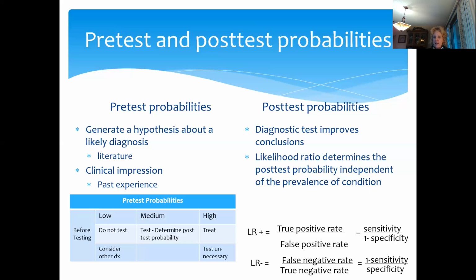So the diagnostic tests improve the conclusions, and that's your post-test probabilities. And that's where your likelihood ratio comes in to determine the post-test probability to improve your assessment of whether or not this condition is present in this patient.